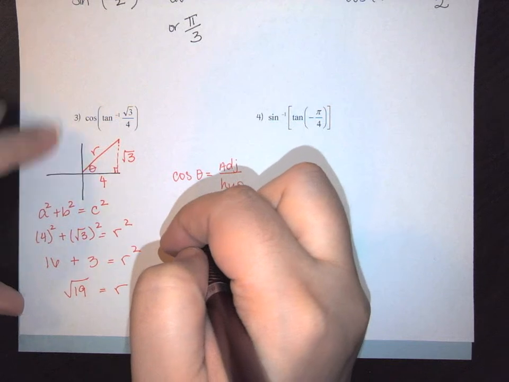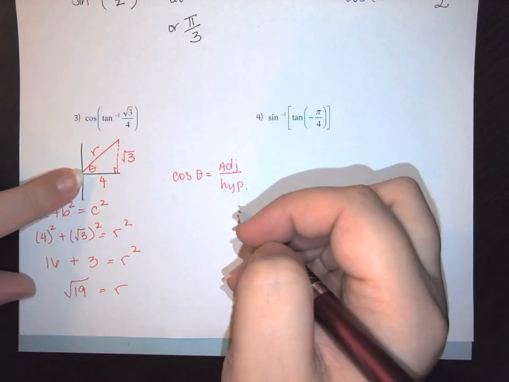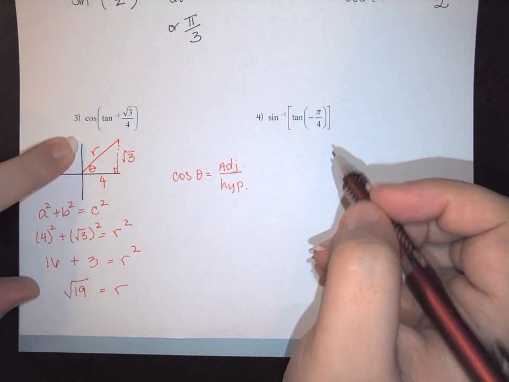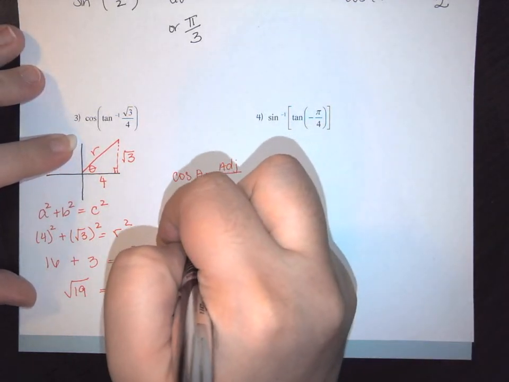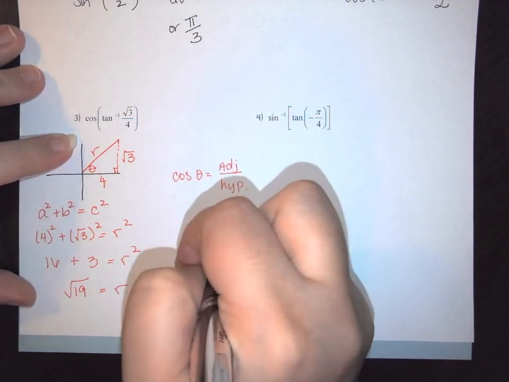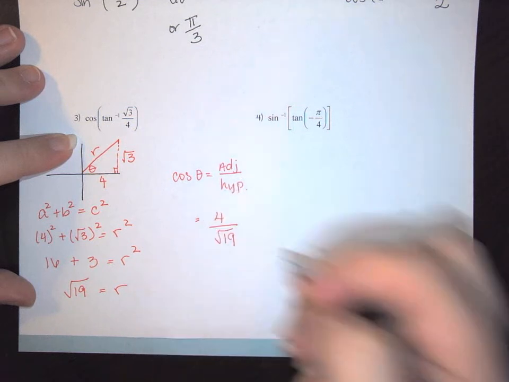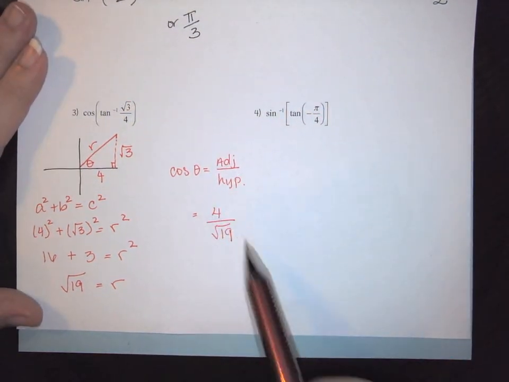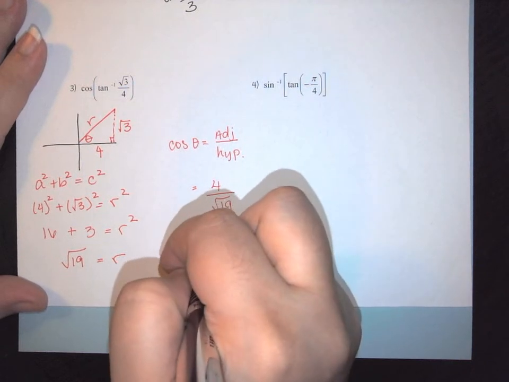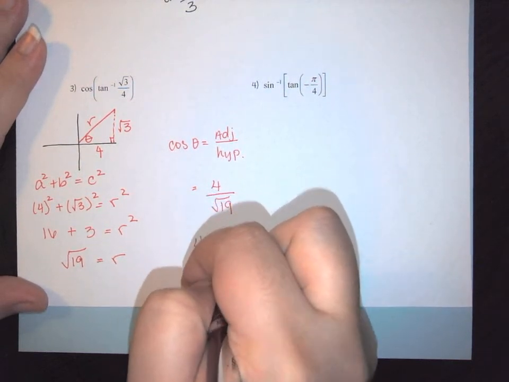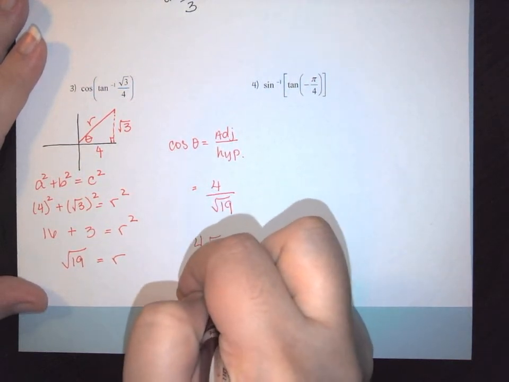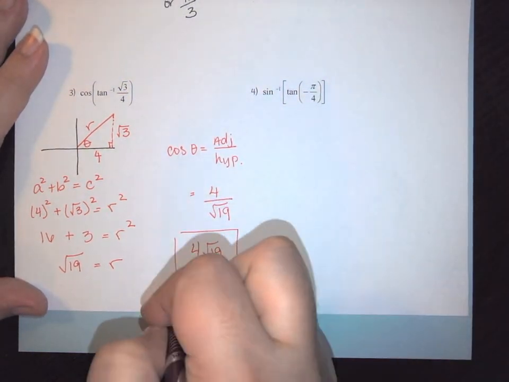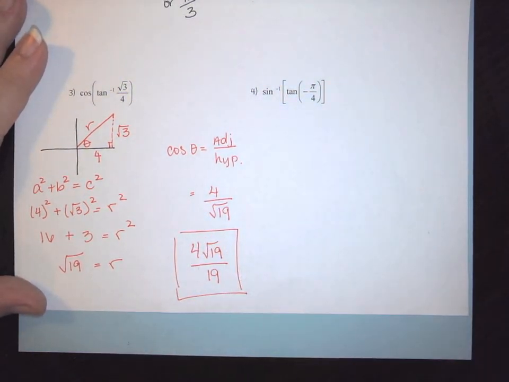So here we are looking at your cosine is going to be 4 over the square root of 19. So we need to rationalize here, so we're going to end up with 4 square roots of 19 all over 19. And this is going to be what we were looking for.